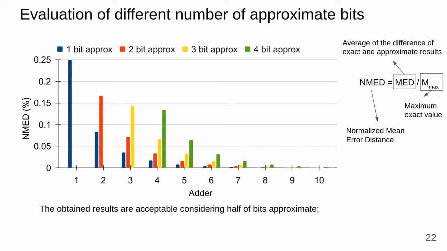To decide the number of bits approximated in each adder, we evaluated different numbers of approximated bits using the normalized mean error distance metric. We evaluated the different bit lengths, and the results show that approximating half of the bits obtains results acceptable to be used in the applications.